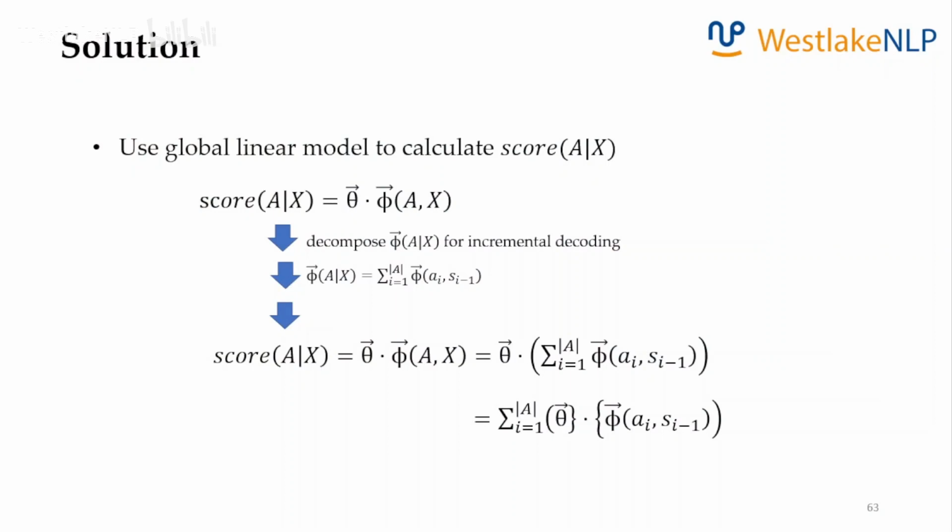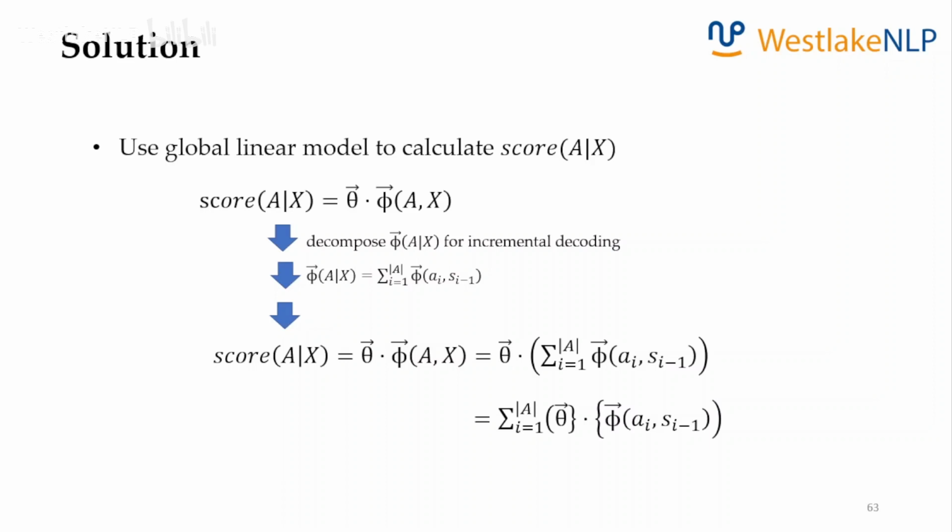As I mentioned earlier, I want to model the whole sequence of actions as a unit. As a result, our discriminative model, parameterized by theta dot phi, will look something like this. Score of a sequence of actions capital A given an input x is equal to theta dot phi of capital A and x.